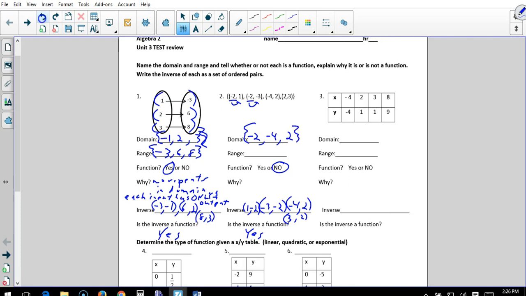My range, 1, -3, 2, and +3. Those are my y values. Why is it not a function? -2 has 2 outputs.